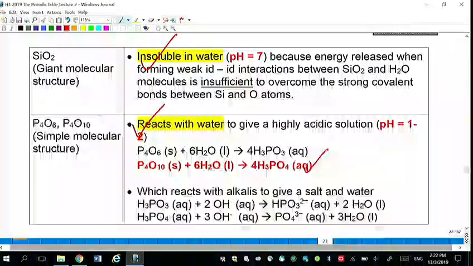So take note that P4O10 in solid state can dissolve in water to form H3PO4. This equation you need to know by heart. So for P4O10, the simple molecular structure is able to dissolve in water to form a highly acidic solution.